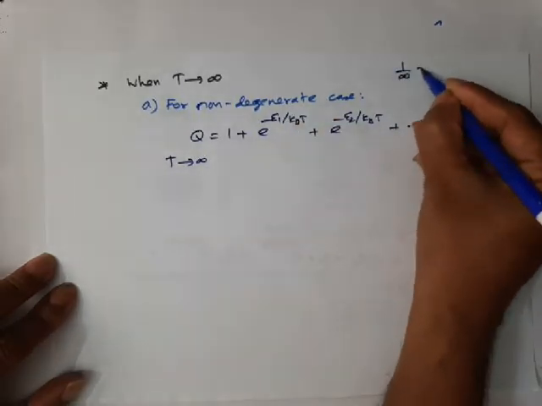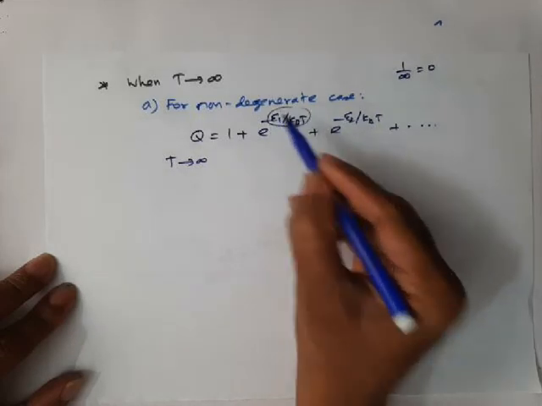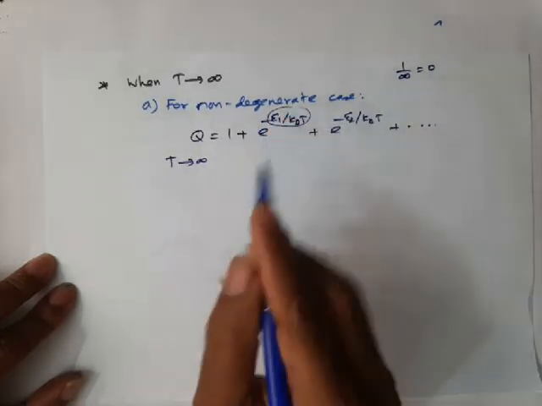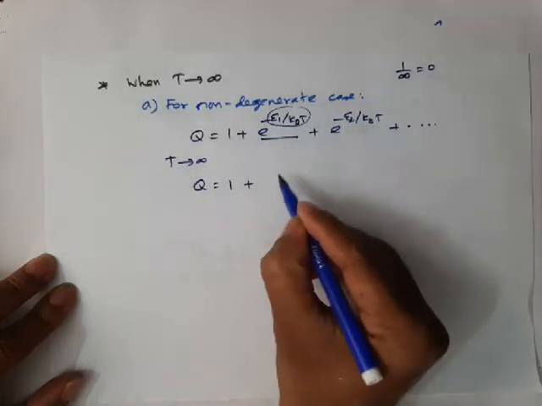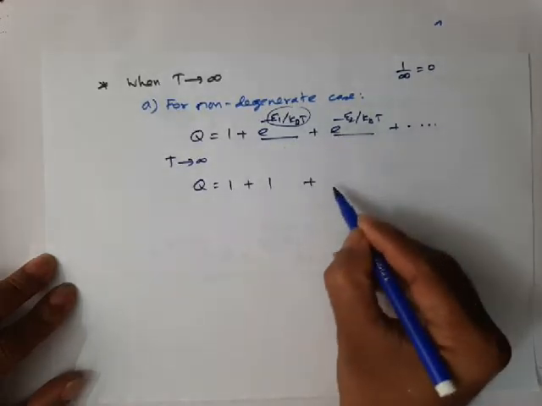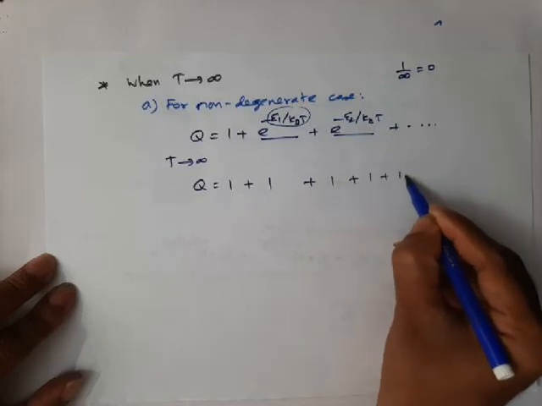So this power becomes 0, and e power 0 is 1. So Q is equal to 1 for the first term, the second term also becomes 1, the third term also becomes 1, plus 1 plus 1 plus 1, etc.